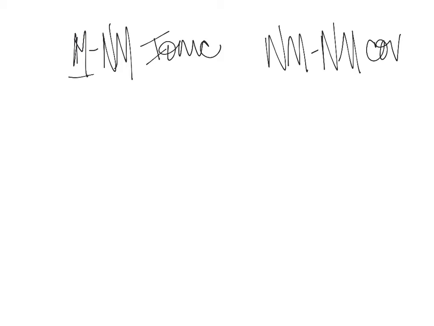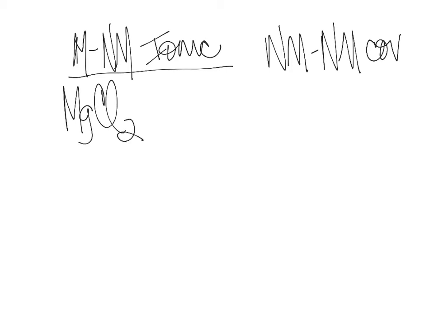I'm going to first do an ionic. If you find that it is a metal and a nonmetal, then that means it's ionic and you need to draw electron transfer. I'm just going to choose a random ionic compound, MgCl2.